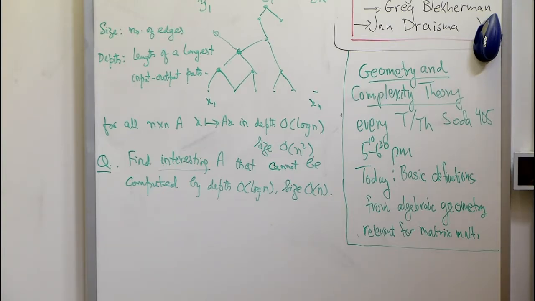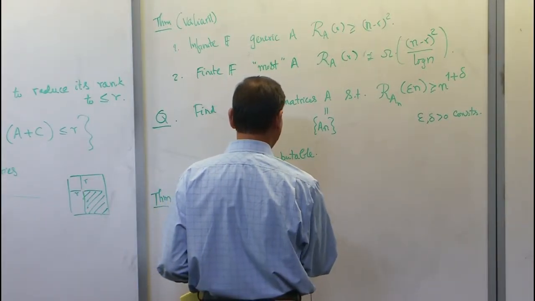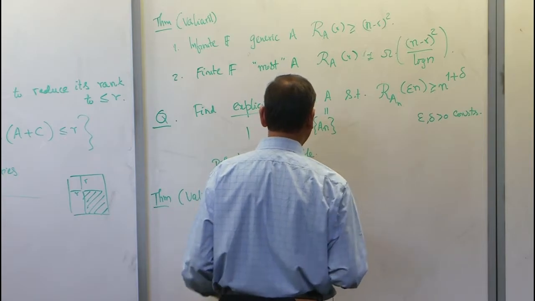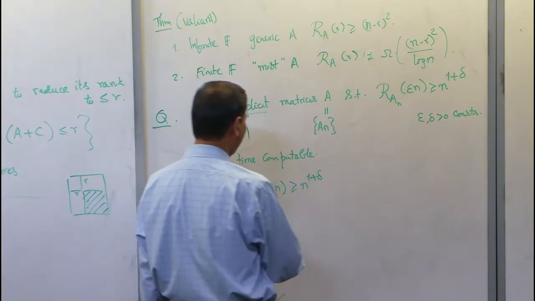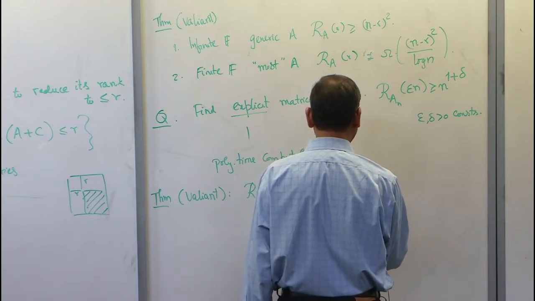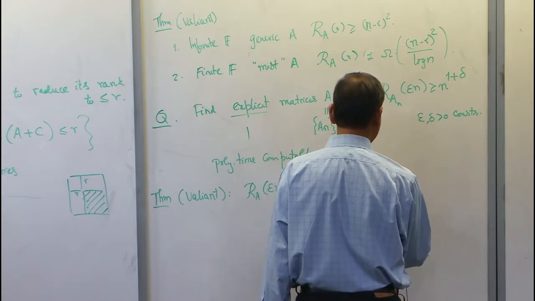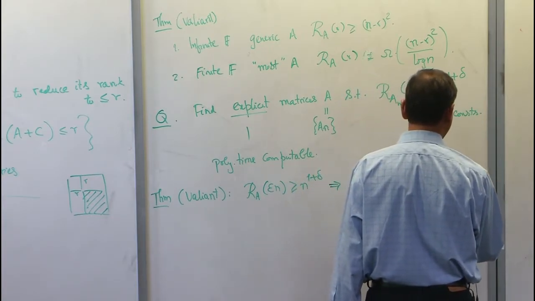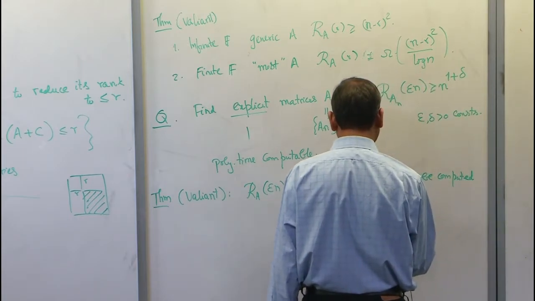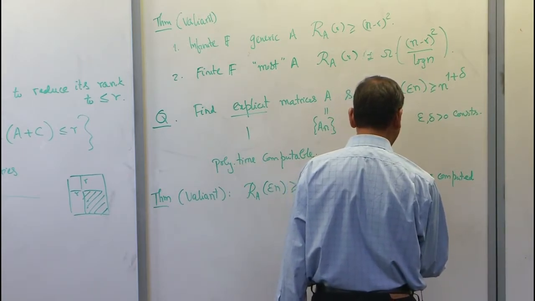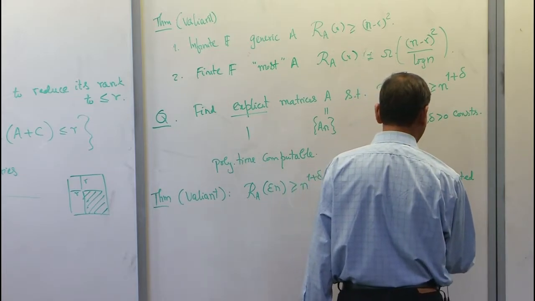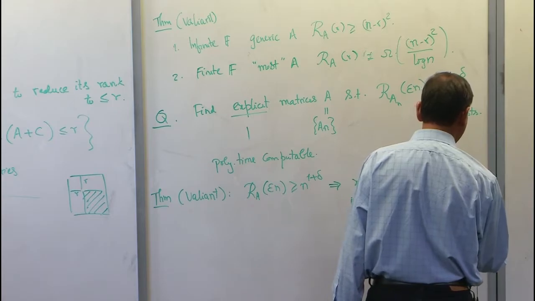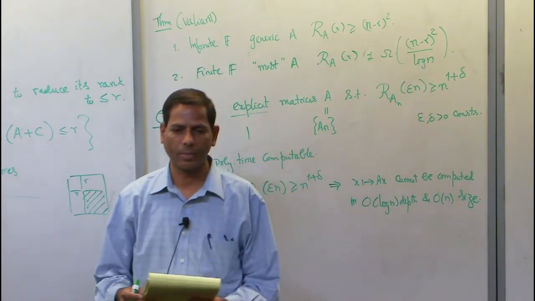So the theorem that Valiant proved, and that's the motivation here, is that if you show that the rigidity of a matrix is large enough for target rank constant fraction of n, then this linear transformation cannot be computed in log depth and linear size. Okay?